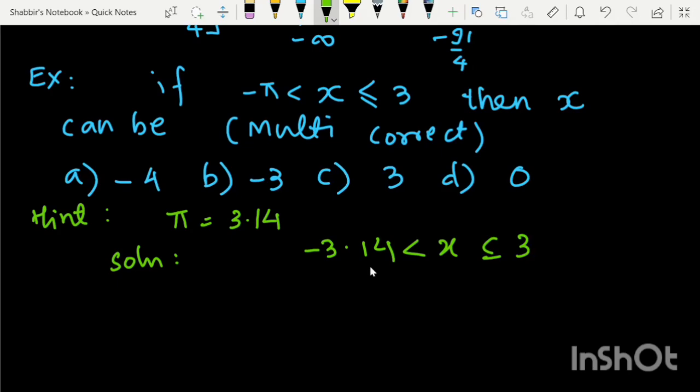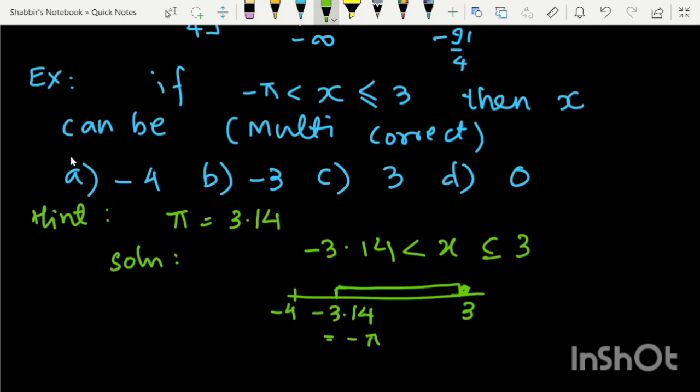So clearly minus 4 is something which is outside minus 3.14 to 3, where 3 is included, guys. So minus 4 is outside, on the left of minus 3.14, which is minus pi.